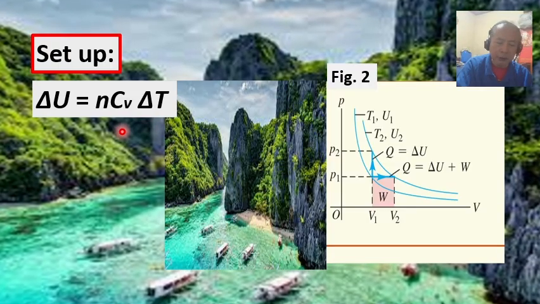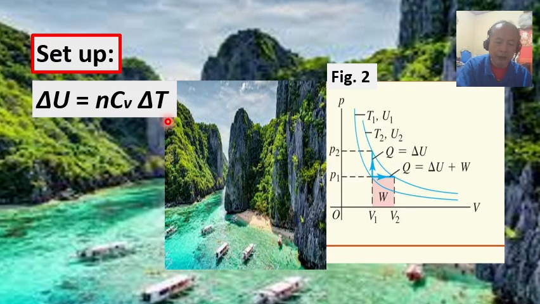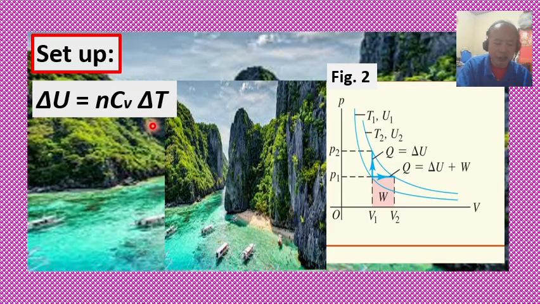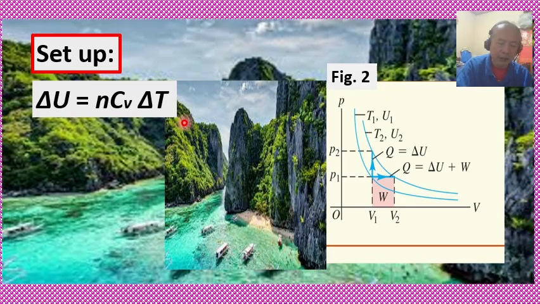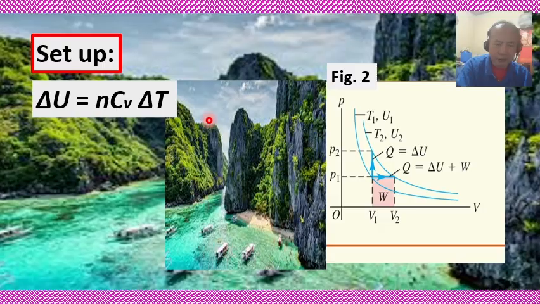Unfortunately, neither the number of moles small n of the argon gas nor the change in temperature delta T is given.